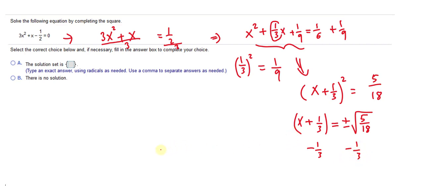The 1 over 3 and 1 over 3 cancel. So you have minus 1 over 3 plus or minus the square root of 5 over 18. Okay, so you can type the answers using the radical here. And then there are two answers, one with the plus, one with the minus.